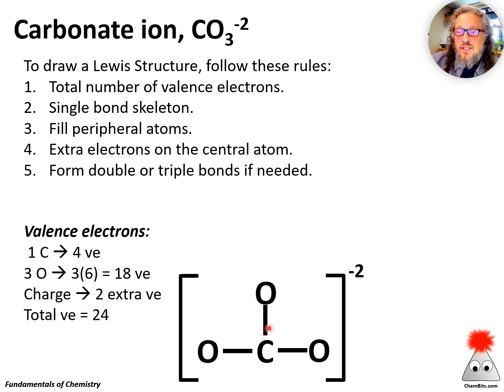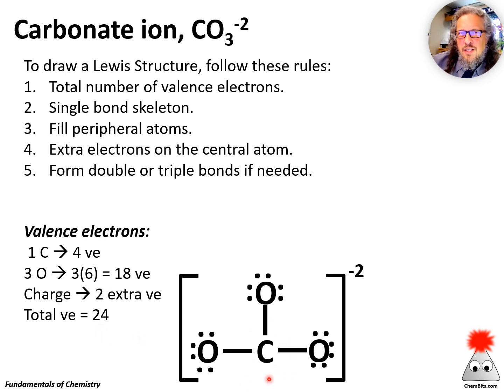I've already drawn my single bond skeleton, so 2, 4, 6. What if I fill those peripheral atoms? So what do we have? 2, 4, 6, 8, 10, 12, 14, 16, 18, 20, 22, 24. I've used up all the valence electrons. Good.